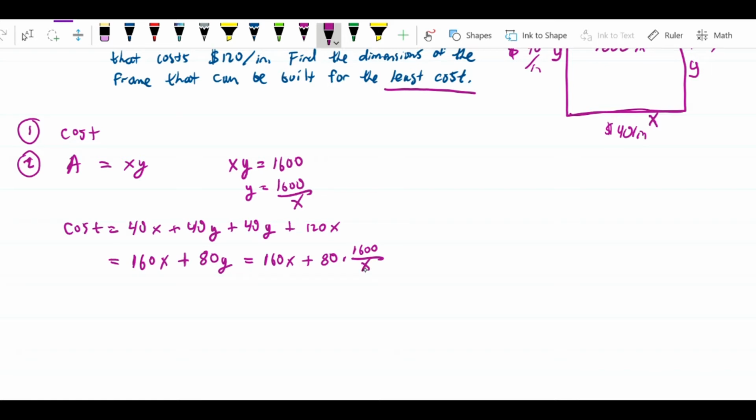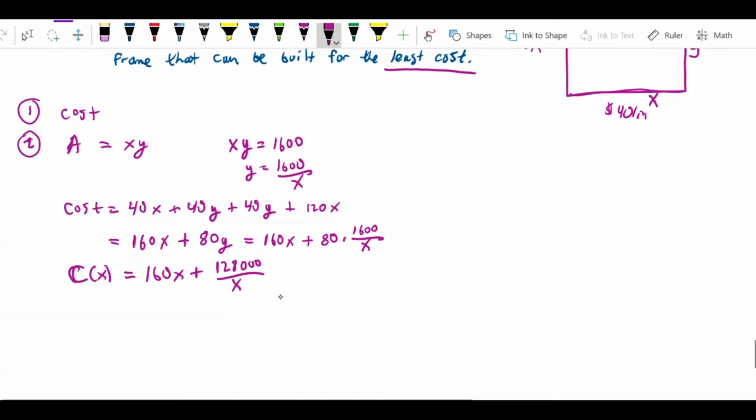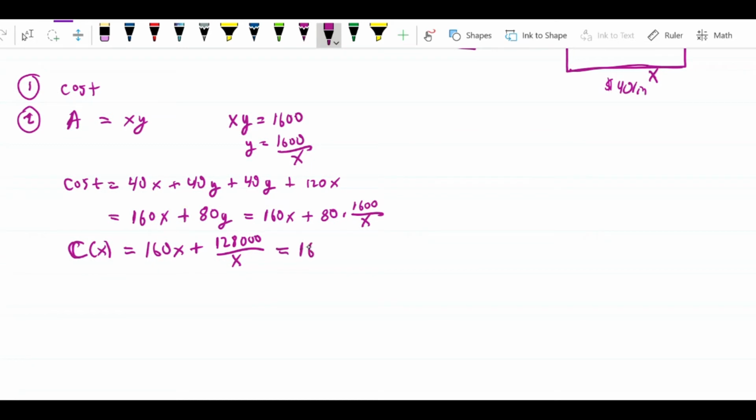Okay, so let's write the function C of x is equal to 160x plus 128,000, that's 80 times 1600 over x. This may turn out to be a little bit more convenient if I write it in the form 160x plus 128,000x to the minus 1. So there is our objective function: C of x equals 160x plus 128,000x to the minus 1.